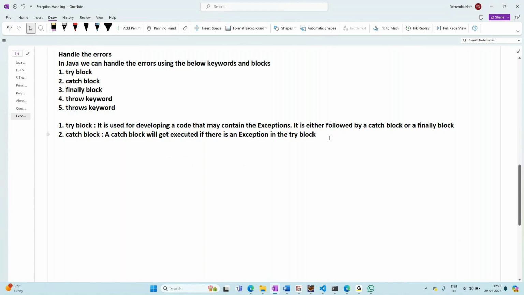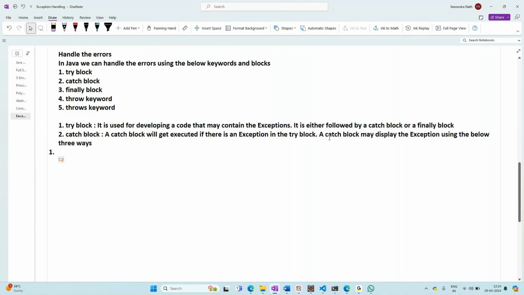A catch block may display the exception using the below three ways.